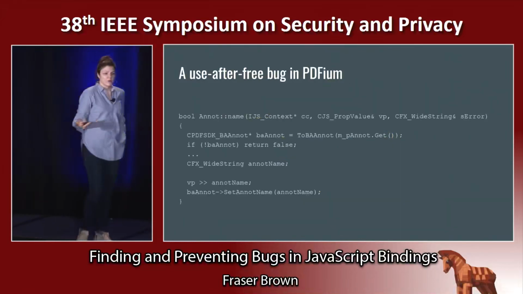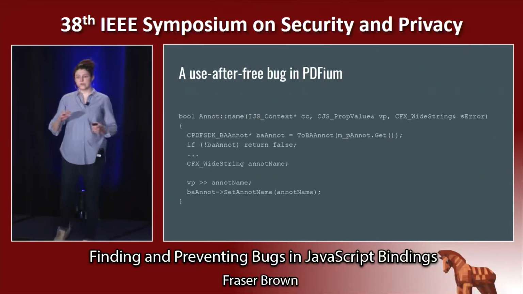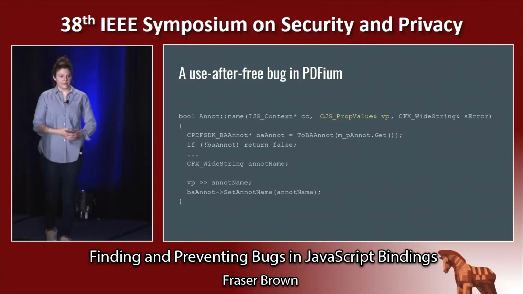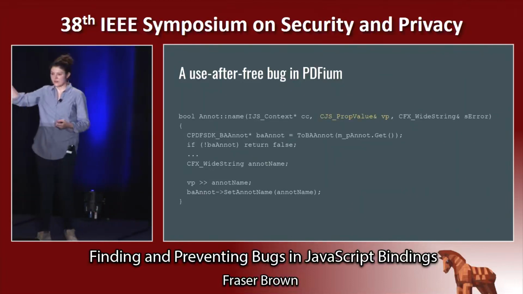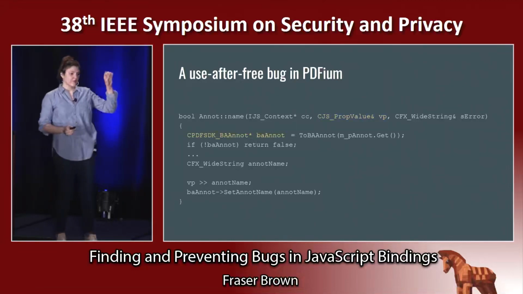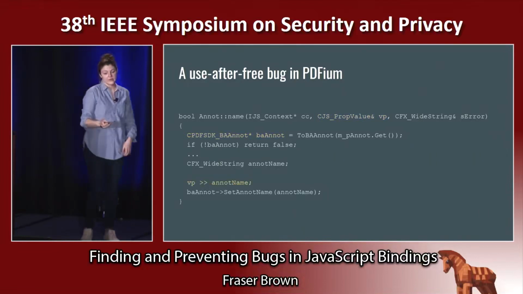So here's one more bug that we found. This is a use after free in PDFium, and this function is just supposed to rename an annotation in a PDF. So VP is our user JavaScript new annotation name, and BA_annot just represents the annotation field in the PDF. This line here is the problem.